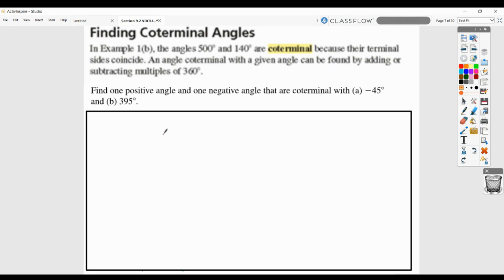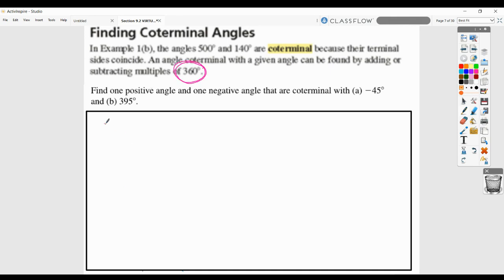So if I add 360 to an angle or I subtract 360 from an angle, I'll get its coterminal angle, which means I'll get another angle that if I were to plot it, it would be at the same spot. So 360 is the big number here.